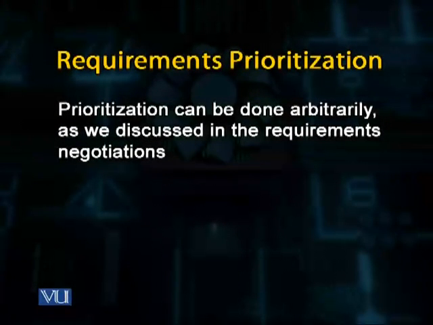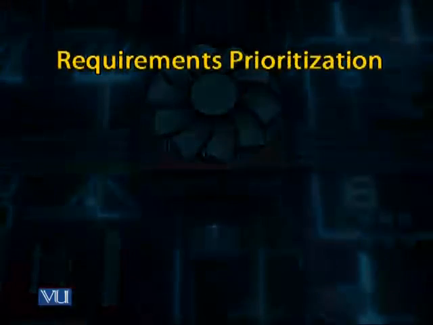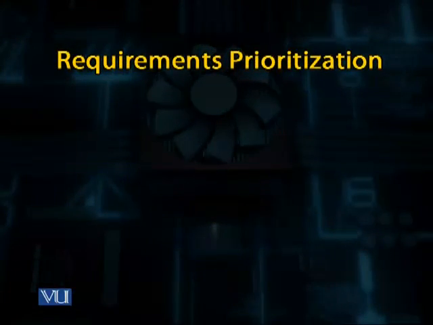Now, previously, requirements were prioritized arbitrarily, and for the last few years, there has been active research in developing different kinds of techniques for prioritizing requirements. Some techniques are easy, others are very sophisticated and very complex to use.